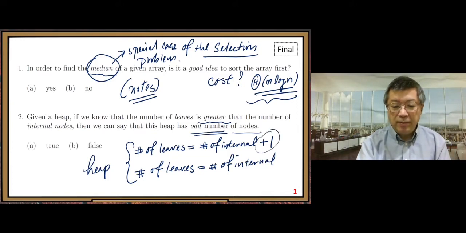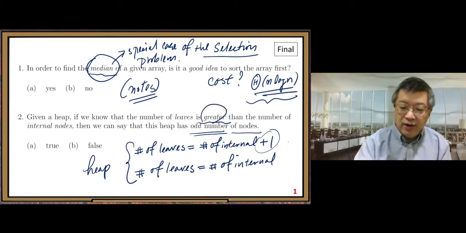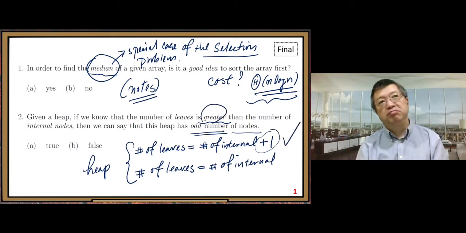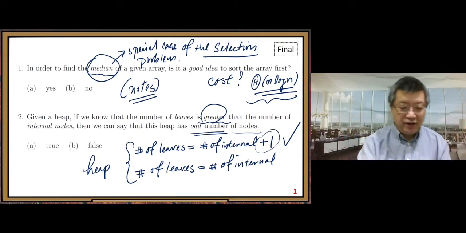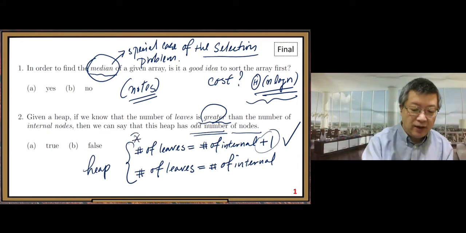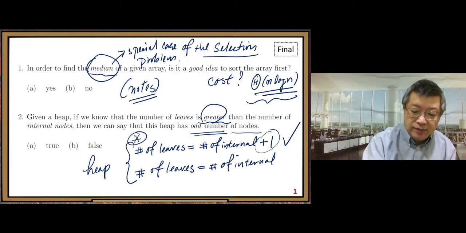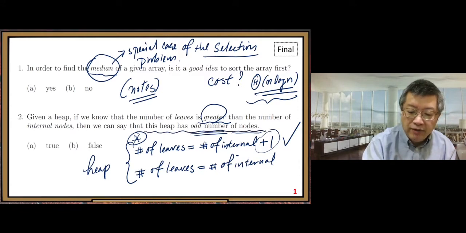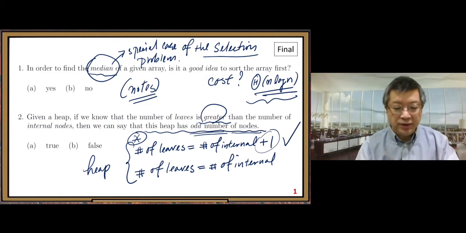The difference is that plus 1. Now, because the question says greater, that's the first case. So in the first case, you need to determine if this heap has an odd number of nodes. That's question number 2.